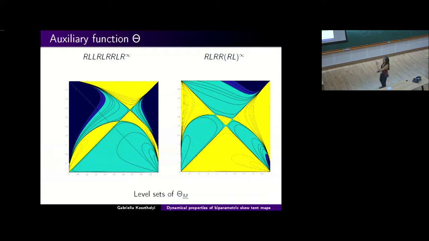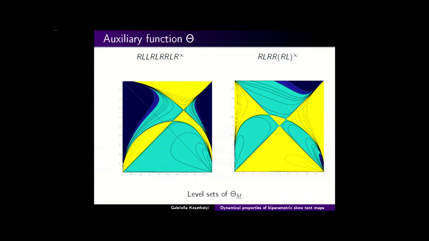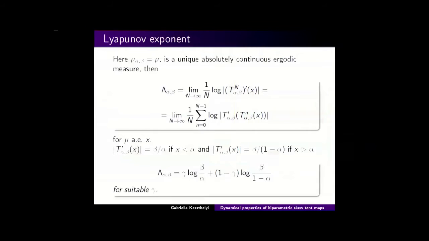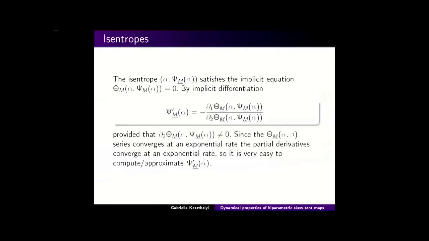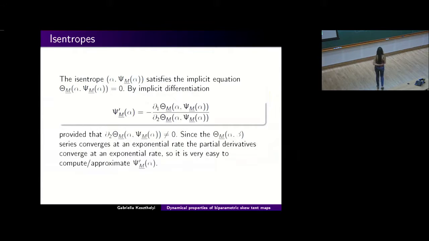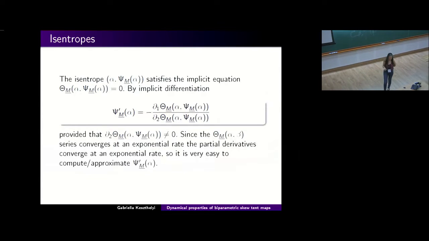So the thing is that if we can express, maybe it comes here? No, not here. Let me go further a little bit. So we can express the psi prime m, so the derivative, with the help of the auxiliary function.